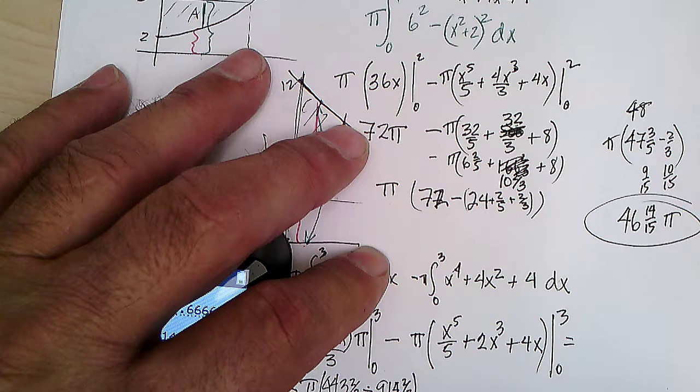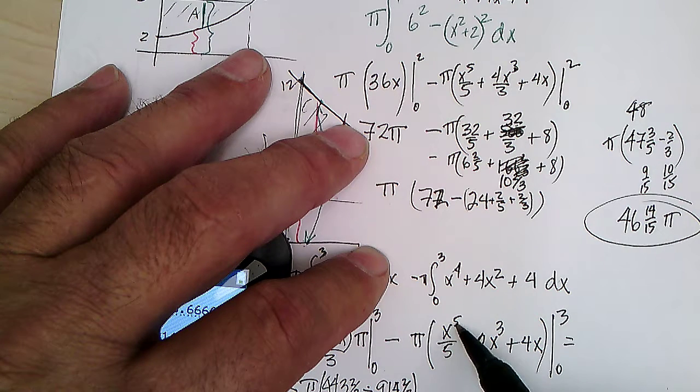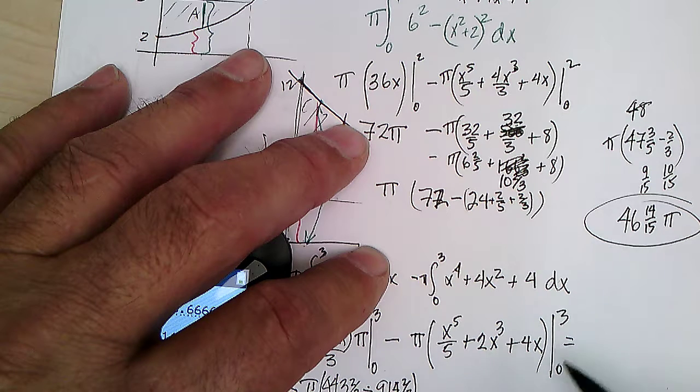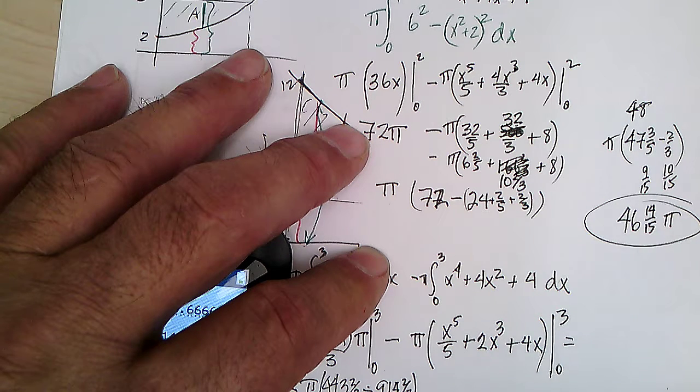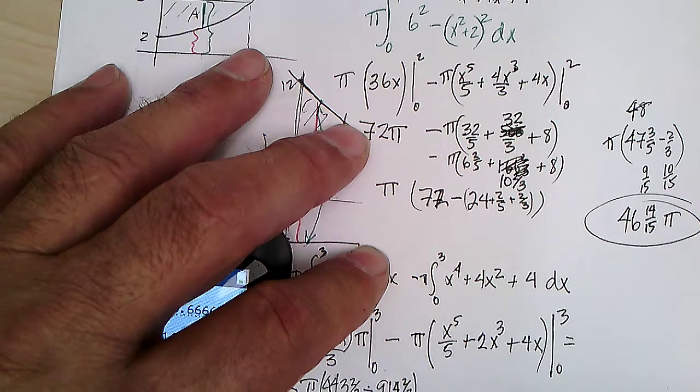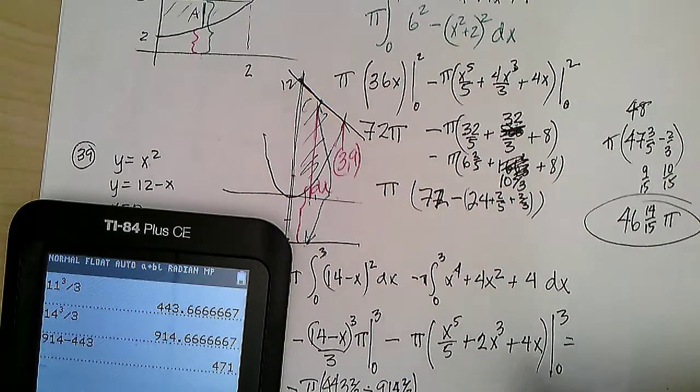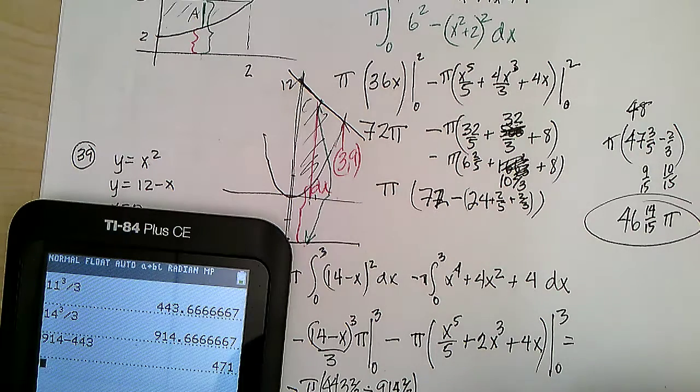Minus, and then we get some pi times, what do we get here? That is 81/5, 243 plus 12... 0 in there is 0, so just that. 81/5 is 16 and 1/5.